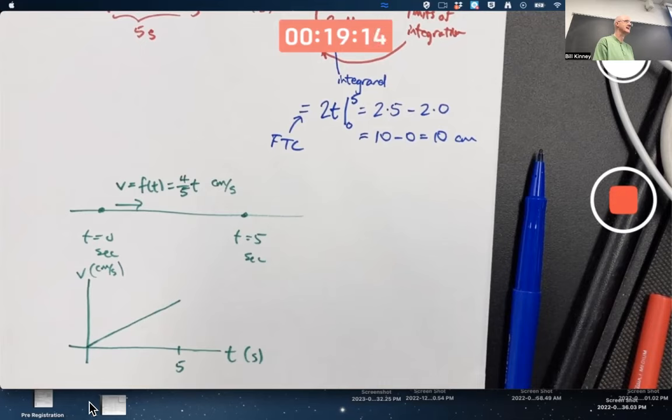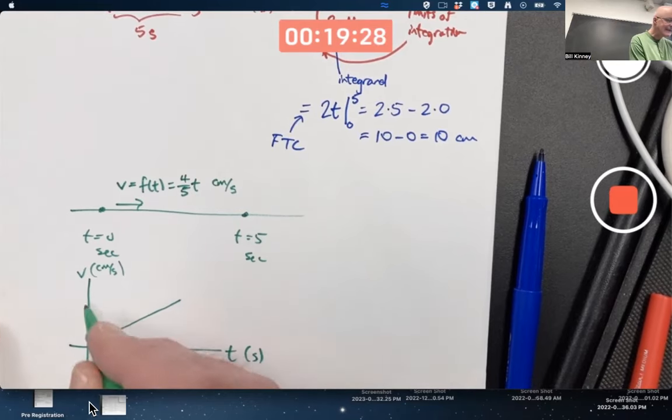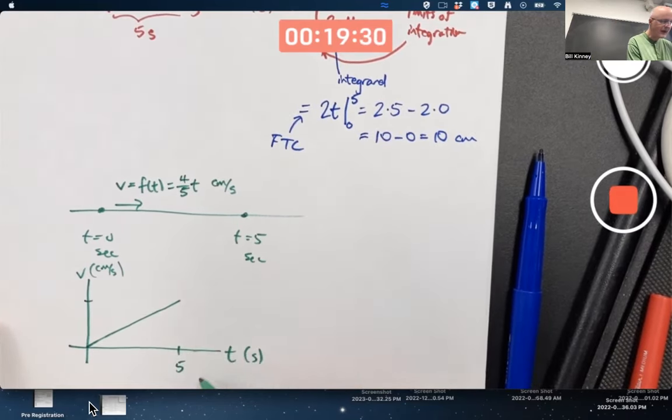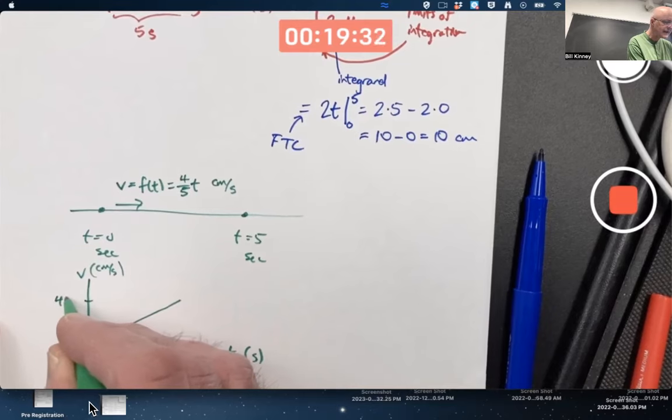That would be a constant acceleration. The bug is speeding up, though. It starts out slow and goes faster and faster as it walks. By the end, it's up to 4/5 times 5, which is 4 centimeters per second.